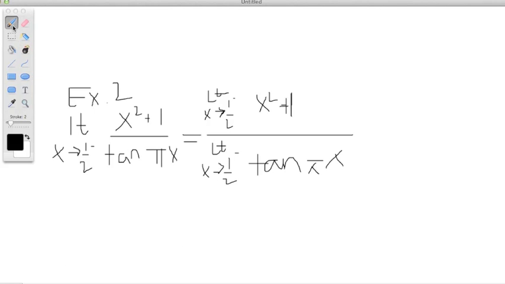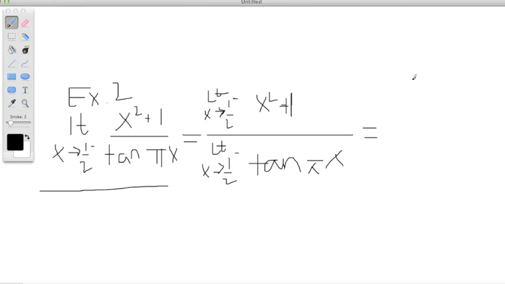So the second problem deals with the quotient property. The problem is the limit as x approaches 1/2 from the left of x squared plus 1 over tangent pi x. The same as with the sum and difference, you can just split it up and solve the limit of x squared plus 1 first, and then the limit of tangent pi x, and divide the two separate limits.